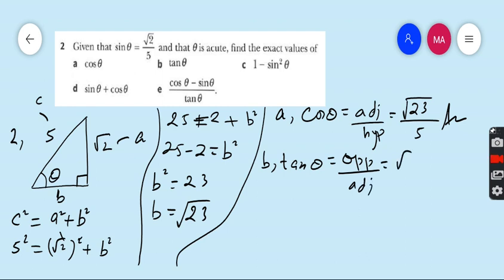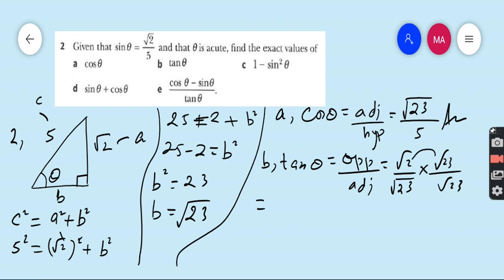Opposite to theta is root 2, and adjacent is root 23. So root 2 upon root 23, or you can write it by multiplying by root 23 upon root 23.